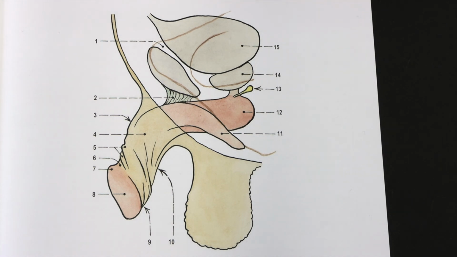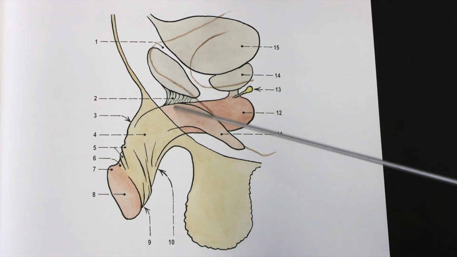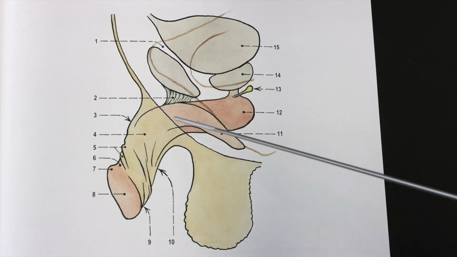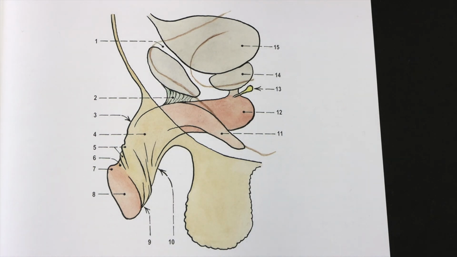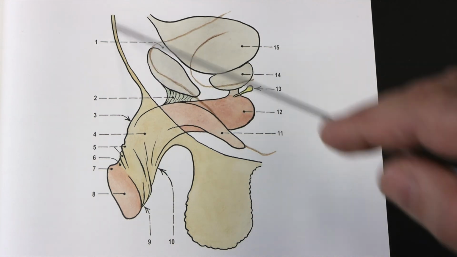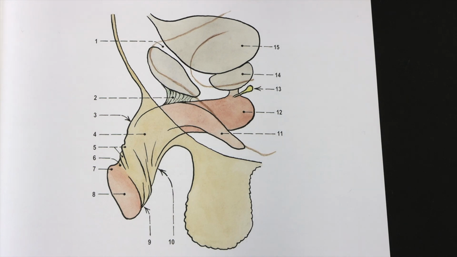The penis is fixed via two ligaments. One ligament, which is not shown here and is superficial, is called the fundiform ligament. This fundiform ligament is made of elastic tissue and is connected to the linea alba of the abdomen, the white line in the midline of the abdomen.